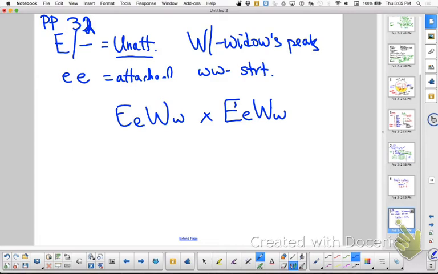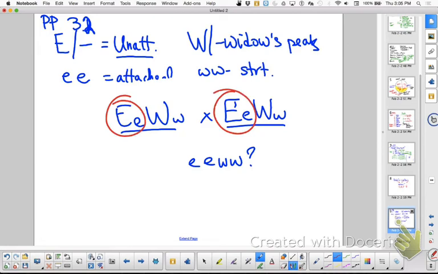Straight hairline is what? Little w, little w. And they said attached earlobes? So that would be what? Little e. So, here's the parents. Here's the mystery. What are the odds? Then I just need to do individual Punnetts. Can you see this Punnett?